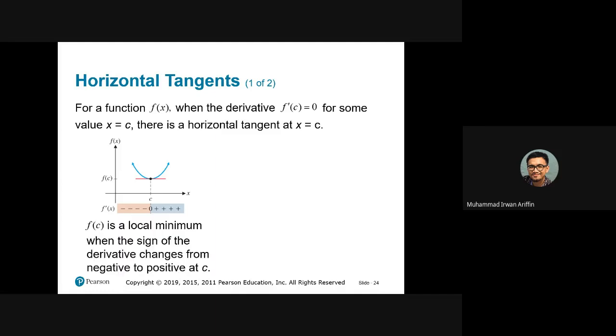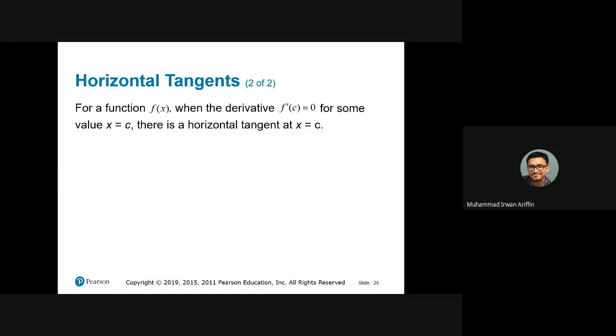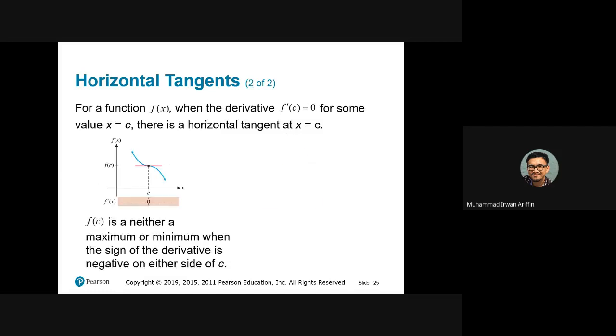So f of c is a local minimum when the sign of the derivative changes from negative to positive. So at this critical point, we have a horizontal tangent, and it is a local minimum. In the second graph, we have the local maximum when the sign changes from positive to negative, going up and then going down.